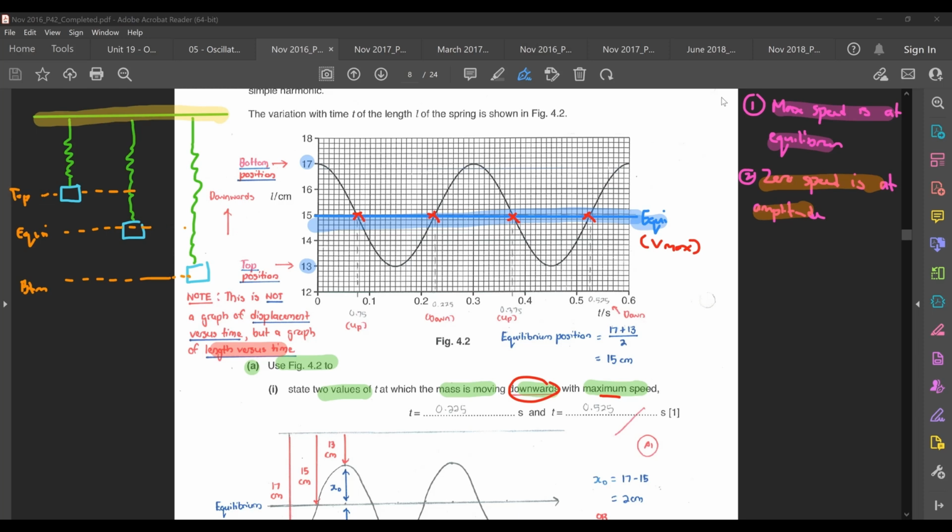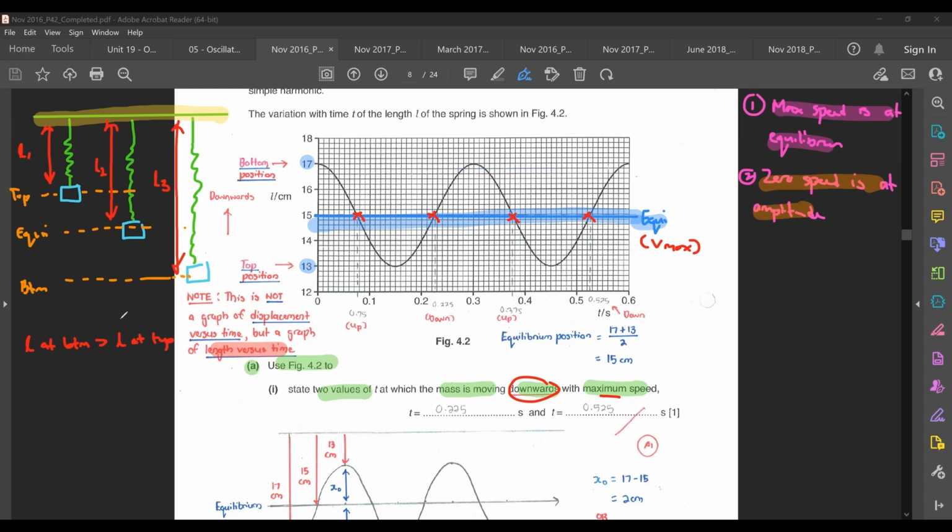At the top position, this is the length. This is, let's say, L1. And then at the equilibrium position, this one will be your length. This is L2. And then at the bottom position, this is your length also. This is L3. Okay, so the length at bottom usually should be more than the length at the top, based on this diagram.